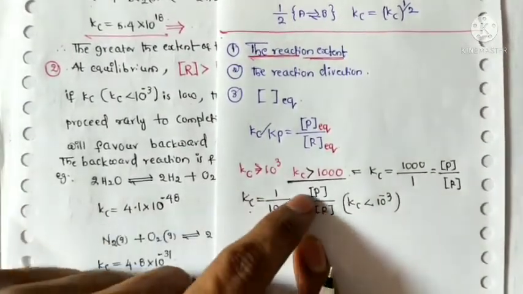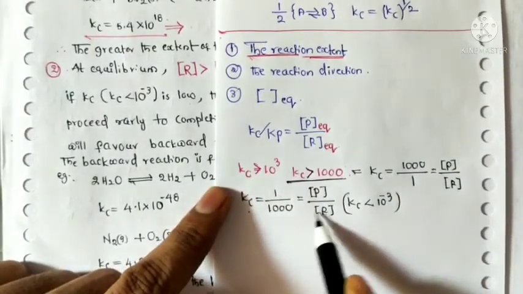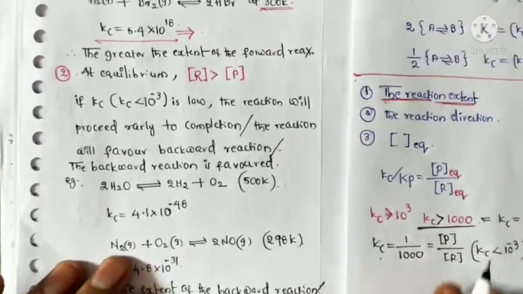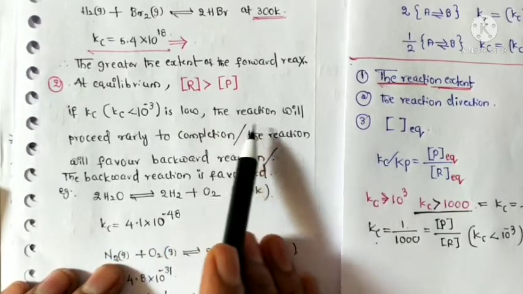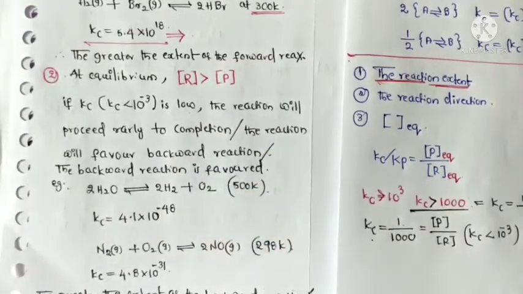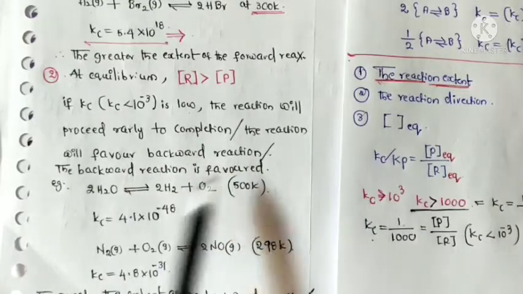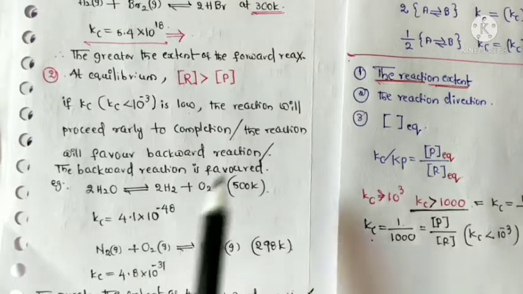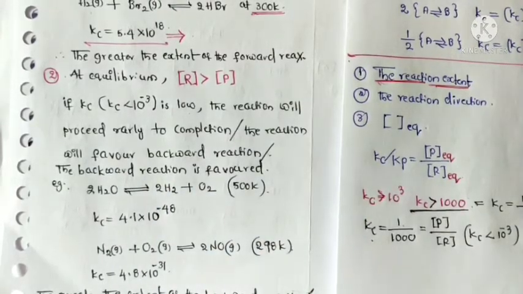Here the product concentration is less compared with the reactant concentration. At this situation, what happens? If the Kc value is low, the reaction will rarely proceed to completion. That means the reaction will favor the backward reaction, or the backward reaction is favored.